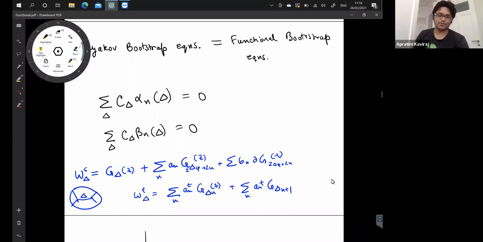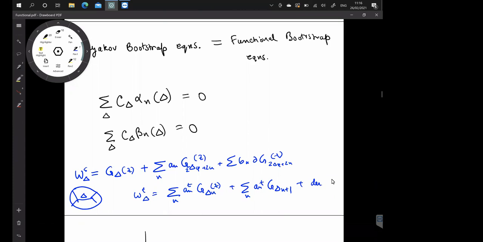So you get both. Previously you had 2 delta phi plus 2n, and here you have 2 delta phi plus 2n plus 1 and their derivatives. So this is the expansion. You get spurious poles from both of these things, but there are extra spurious poles in the T channel.